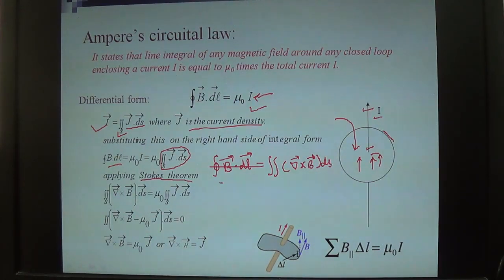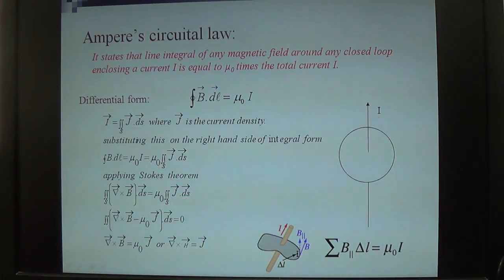So del cross B dot ds is equal to mu naught times the open surface integral J dot ds. Now you can compare both sides. Both are open surface integrals, so by equating you get del cross B minus mu naught J, inside the bracket, dot ds.